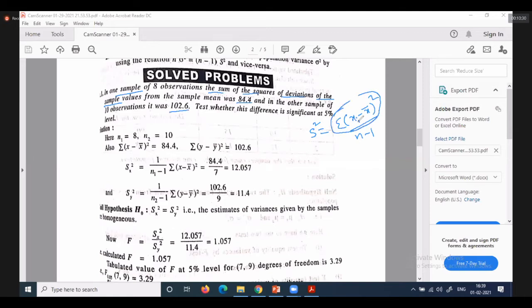This numerator is the sum of squares of deviation of sample values from the sample mean, where x bar is the sample mean and xi are the sample observations. This numerator value they have given. That means indirectly in the question they are discussing about the variance.